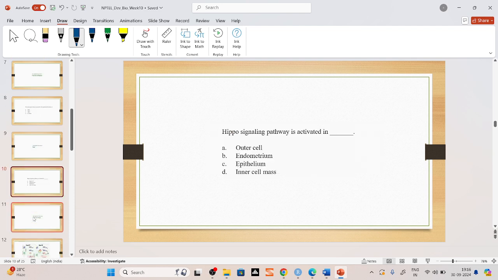next question. Hippo signaling pathway is activated in outer cell, endometrium, epithelial, or inner cell mass. 2 minutes.